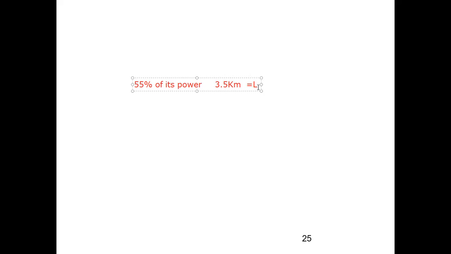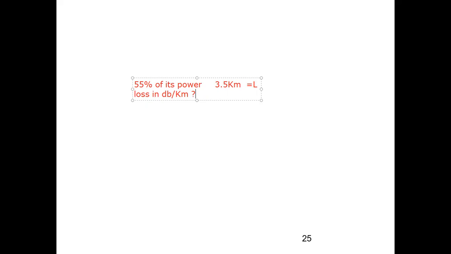The question is, what is the loss in dB per kilometer for this fiber link length?